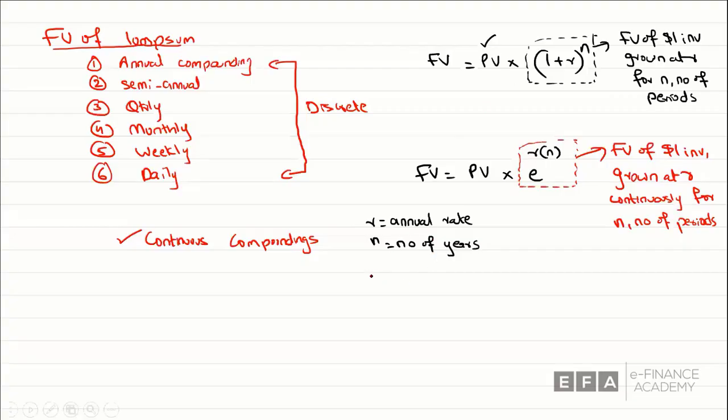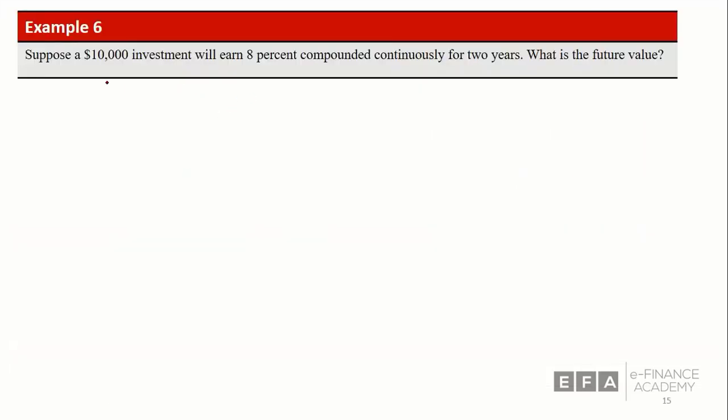All right, to use your calculator, so I'm going to illustrate the use of the calculator through this example. So let's look at this example. It says, suppose a $10,000 investment will earn 8% compounded continuously for 2 years. What is the future value?